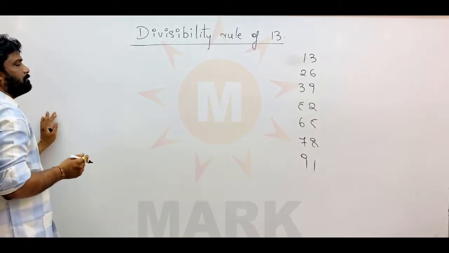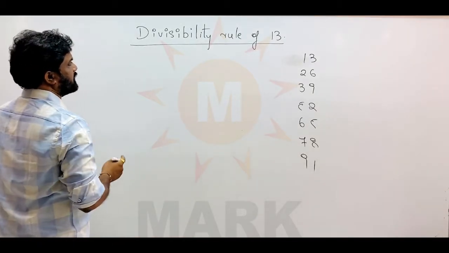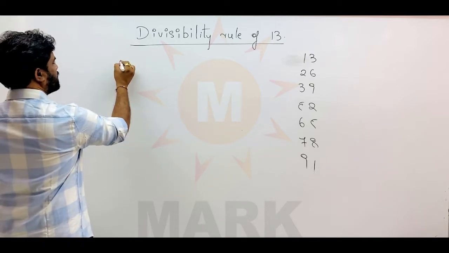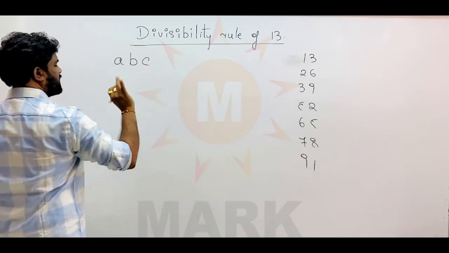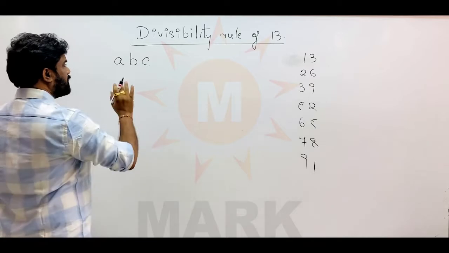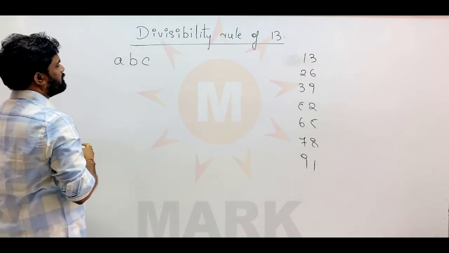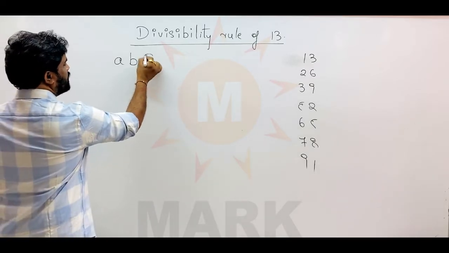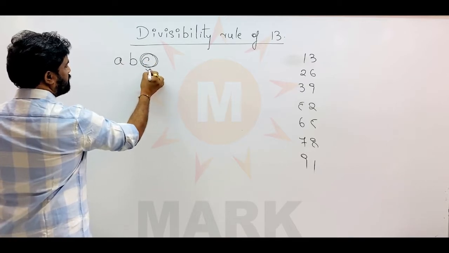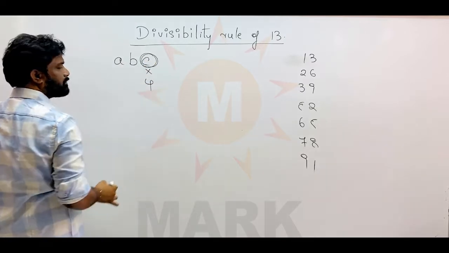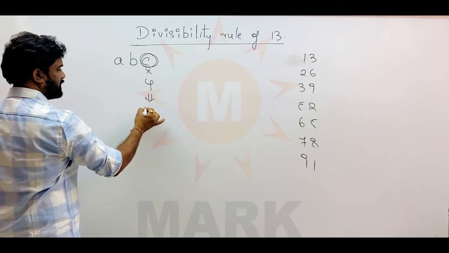Now, the divisibility rule of 13, what is it? Suppose you take a 3-digit number, ABC. You can take any digit number, but just for the sake of convenience I am taking a 3-digit number. Take the units digit and multiply that number with 4. So you will get a product 4C.